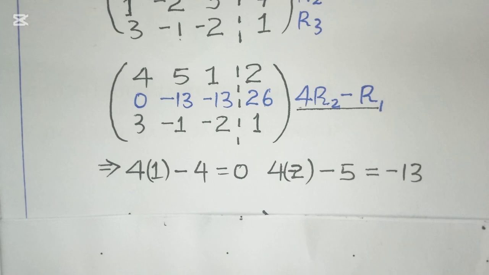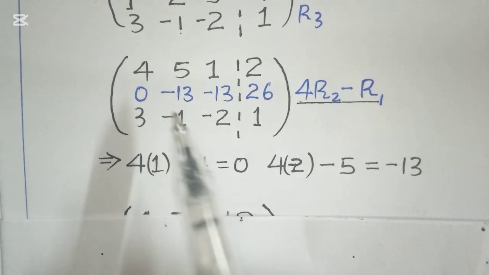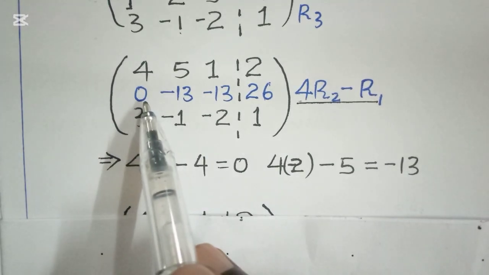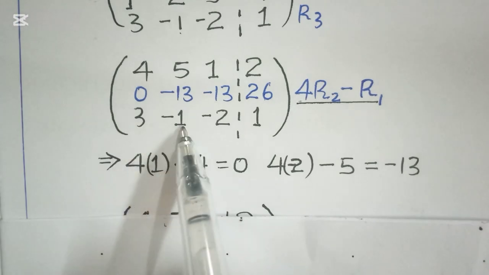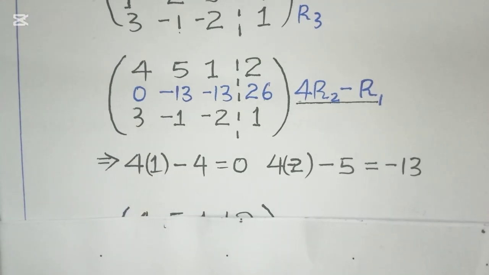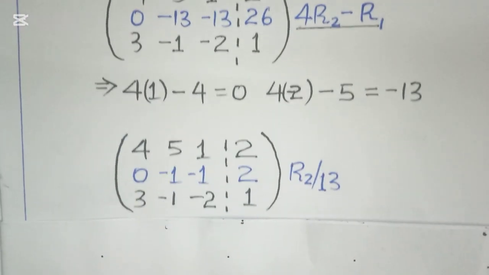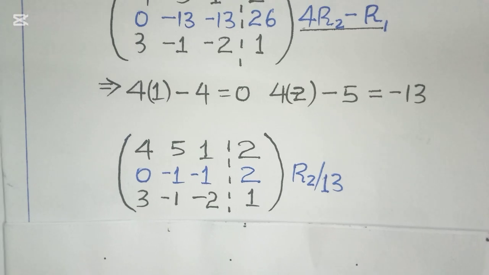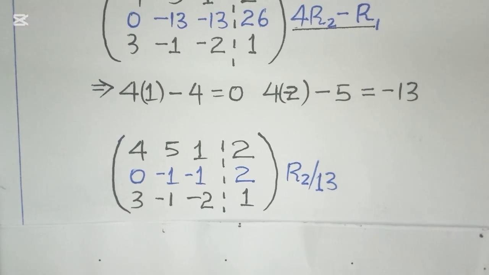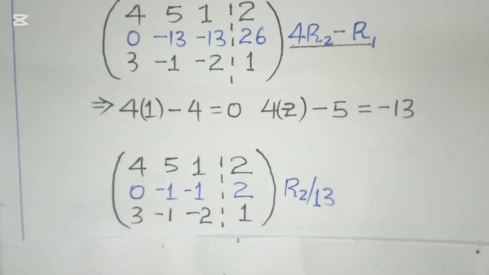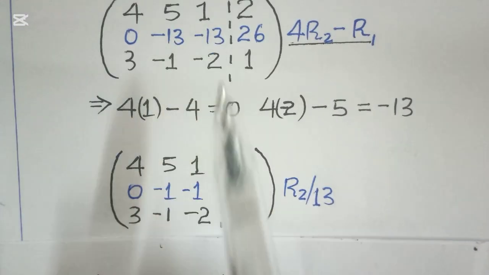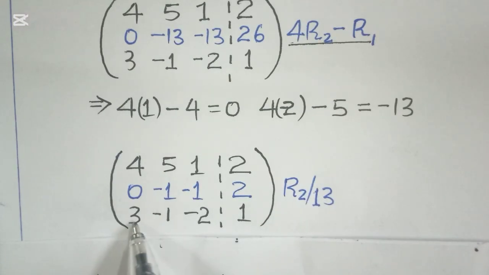I now come to the next. Because I have already achieved one 0, I want to achieve this one or that one. Even before I do that, I can also reduce these numbers to make it easier to get this or that to 0.